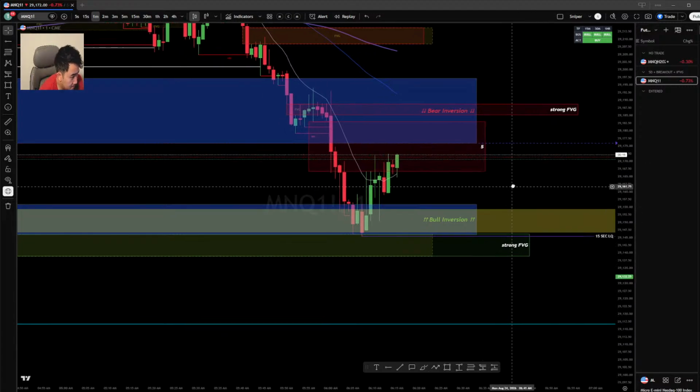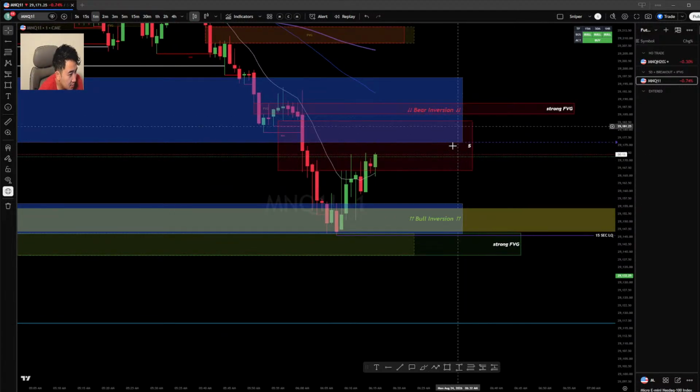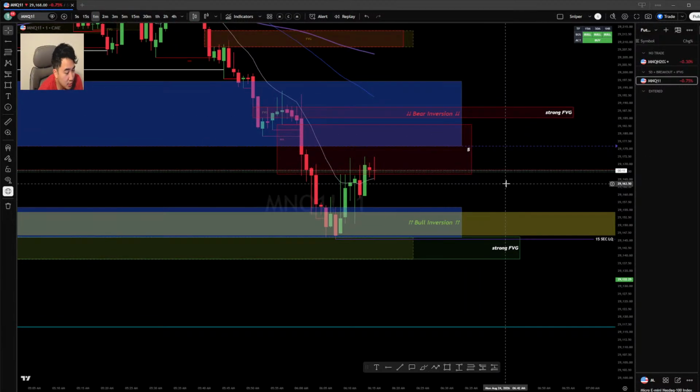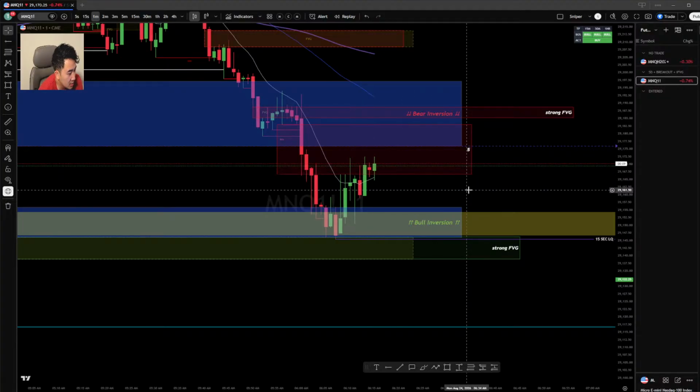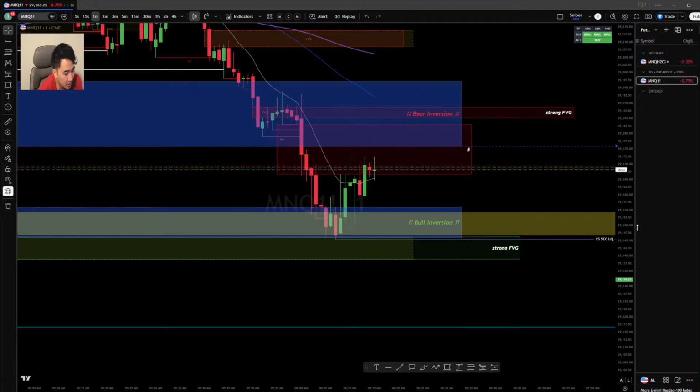Okay. Now, even if it taps into this bearish inversion, what I want price to trade is below this 13 EMA if we're looking for an entry here.